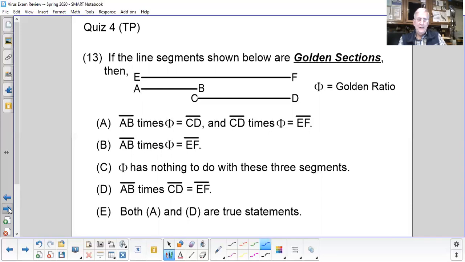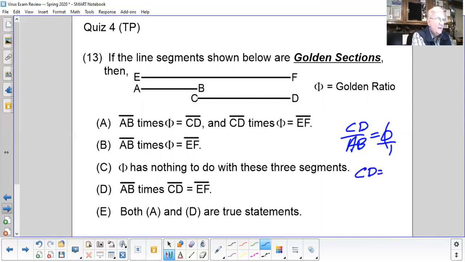So right now, we know that E could not be the answer. All right? So now, is it true that AB multiplied by phi would give us CD? I wonder if that's a true statement. Well, isn't it true if these are golden sections that CD divided by AB should give us phi? Wait a minute. If I put phi over 1 and I cross multiply here, I get CD is equal to AB times phi.